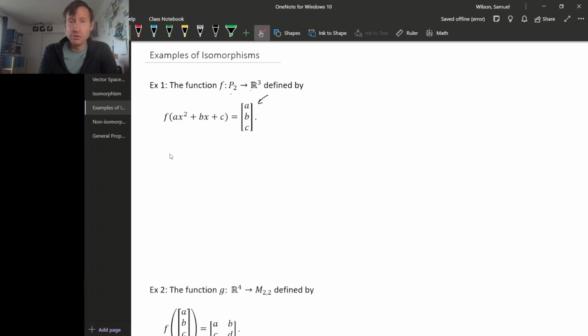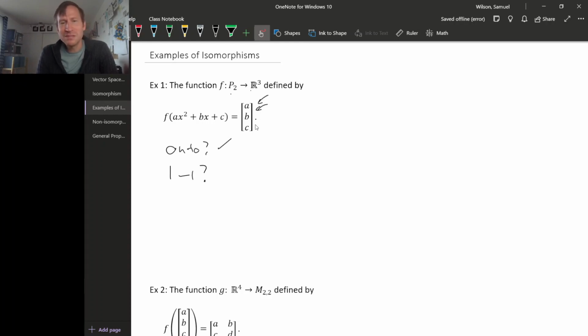So I won't prove this in detail, but is this onto? Well, yes, you can see that no matter what entries are in your vector, it's possible to put the same coefficients on a polynomial, and then f of that polynomial will be that vector. So onto, yes. Is it one-to-one?